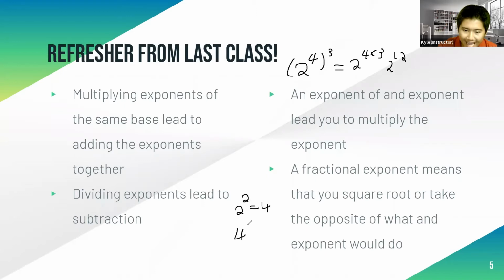But if you do 1/2, you do the opposite of the power 2, which would be going back to 2, basically. And the same thing with 3. So 3 to the power 2 equals 9. And then you have a 1/2 exponent, you go back to 3. So you kind of see how the fractional exponents just reverse what you just did with exponents, if that makes sense.